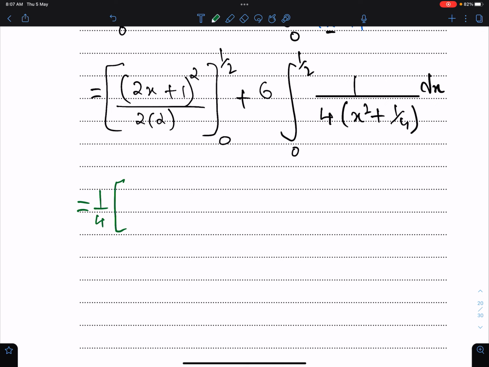When we will put half here, we will get 1. 1 plus 1, 2. 2 square is 4. When we will put 0 here, we will get 1. This is 6 upon 4. 0 half.